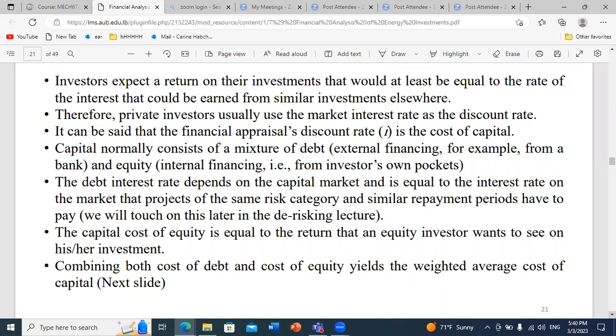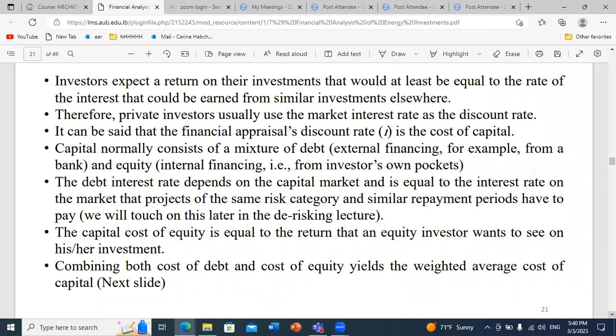Now, the cost of equity is equal to the returns that an equity investor wants to see on his or her investment. So, in case you want to invest your own money, you can expect a certain benefit, a certain percentage of gains.